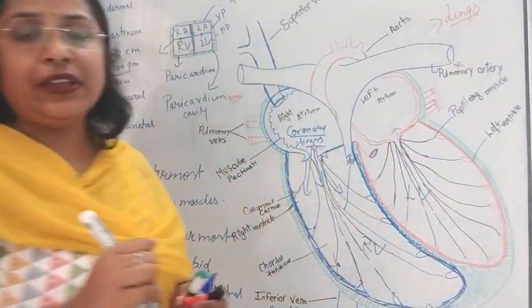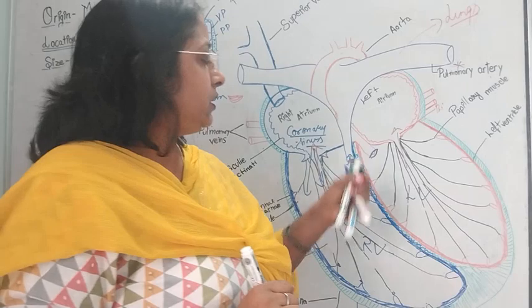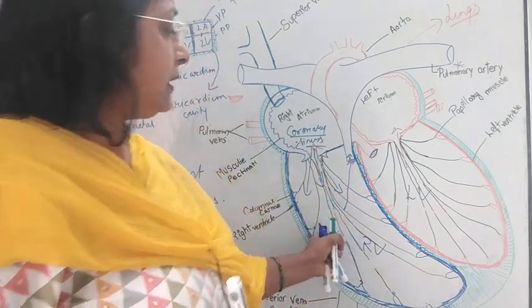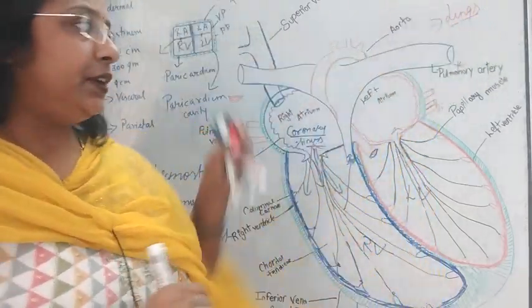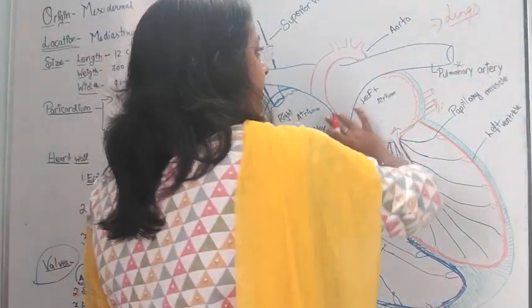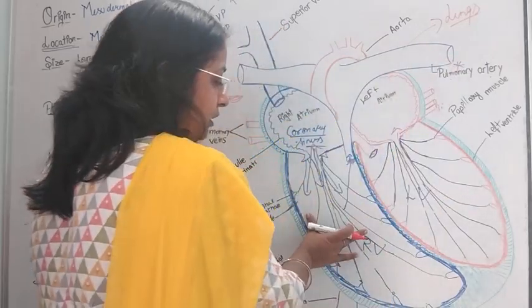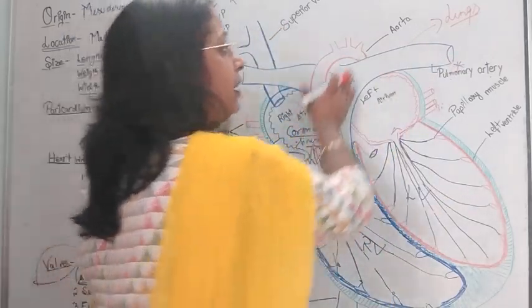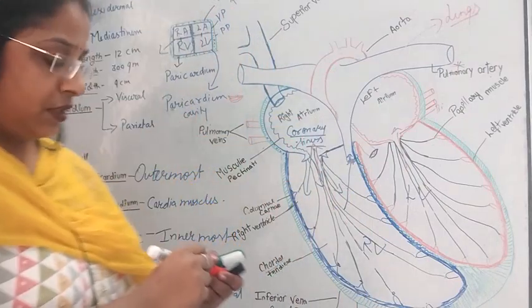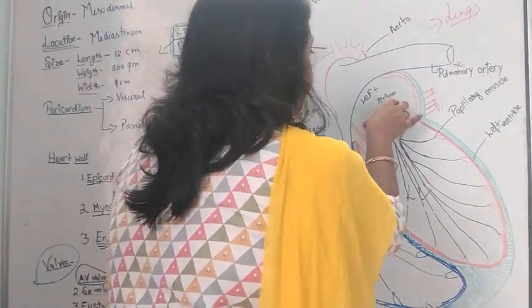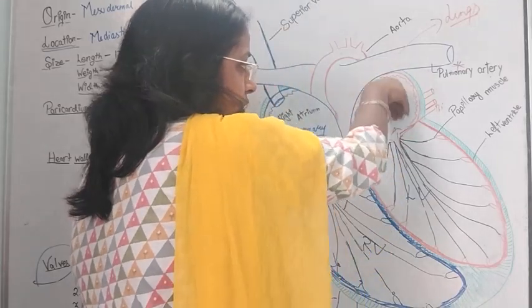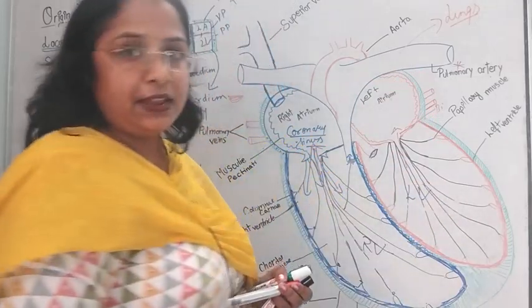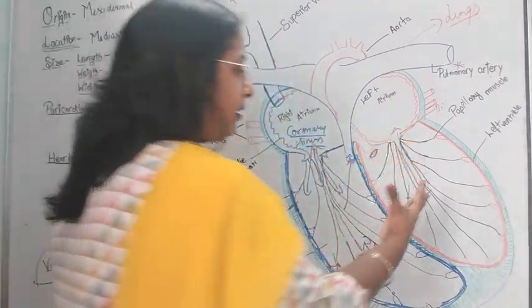The lungs are the site of exchange of gases, where oxygenation takes place and deoxygenated blood is converted into oxygenated blood. Simultaneously, when the left atrium contracts, the oxygenated blood comes into the left ventricle.